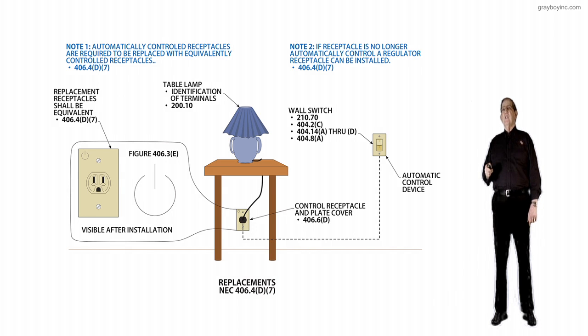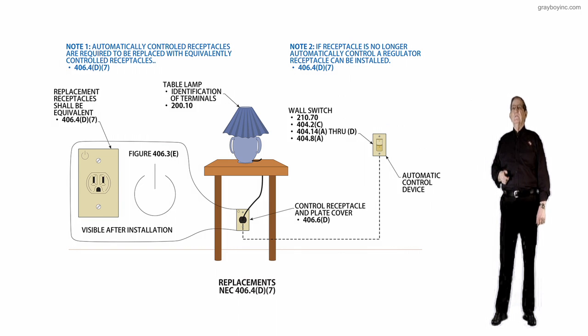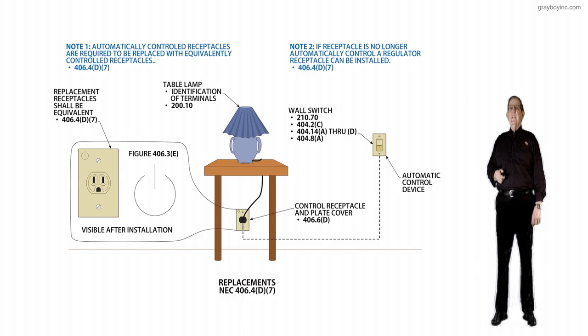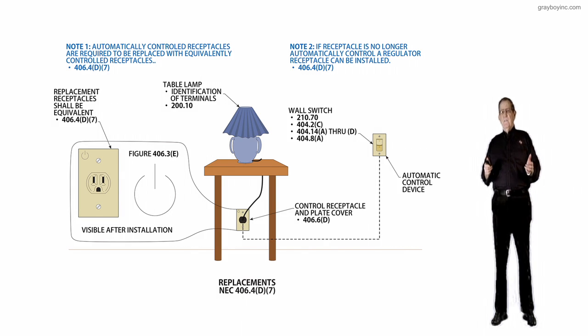If the receptacle is no longer automatically controlled, a regular receptacle can be installed. And of course, you know those rules are outlined in 406.4(D)(7). So this kind of concludes what this new subsection is all about.